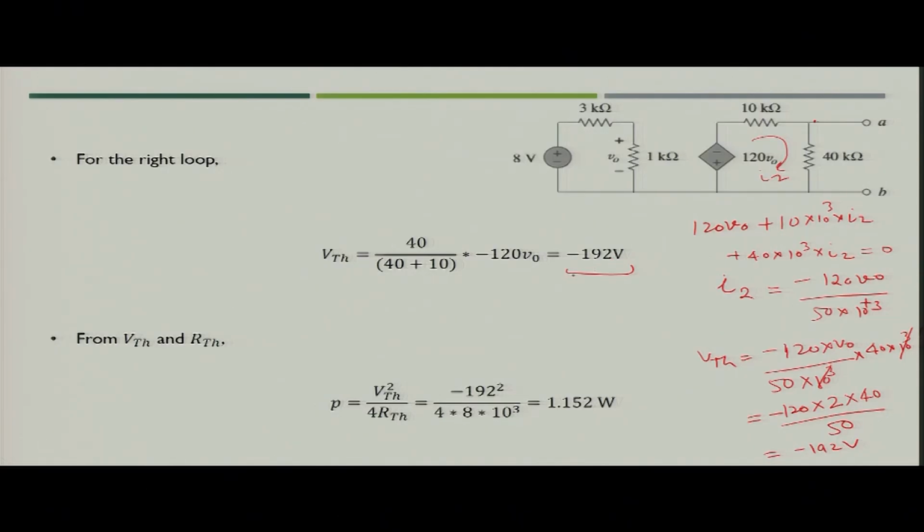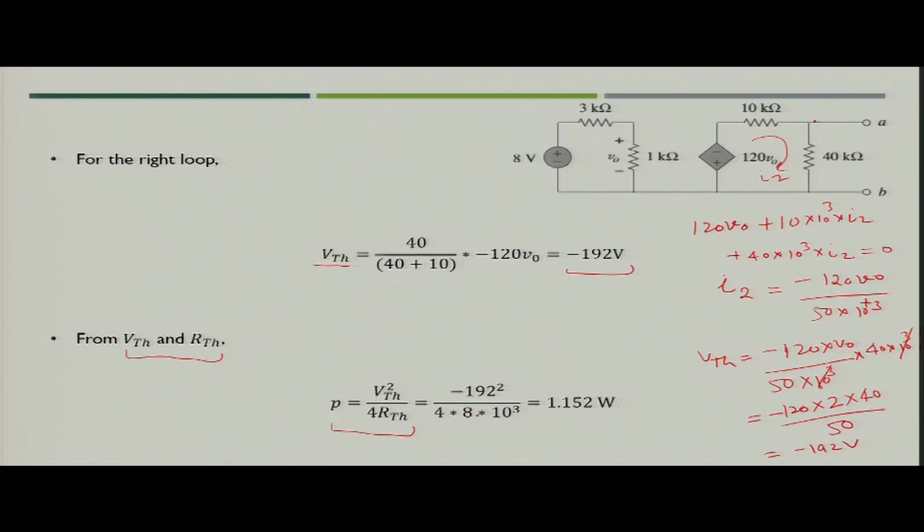So, now you have got VTH, you have got RTH. So, you will find out the value of power P. You simply put the value of power P as VTH square upon 4 RTH. So, that would become minus 192 square divided by 4. RTH you got 8 kilo ohm.